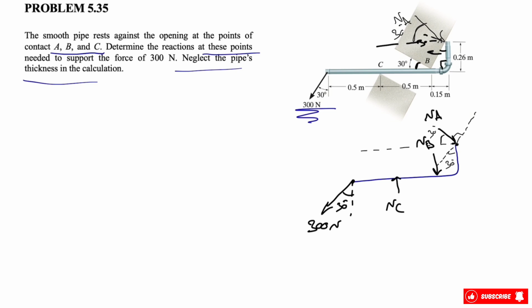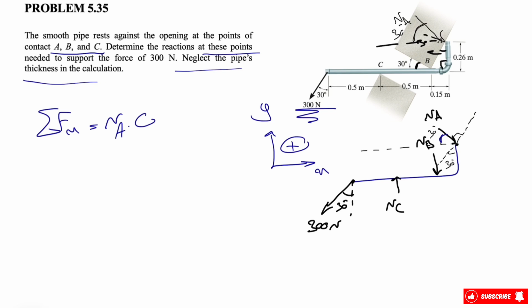Looking at this, we can go with either Fx or Fy first. Before that, let's call our x and y here. Let's start with the Fx. So if we go with Fx, we have the x component of NA, which, since we know this angle is 30 degrees, will be NA times cosine of 30 degrees.